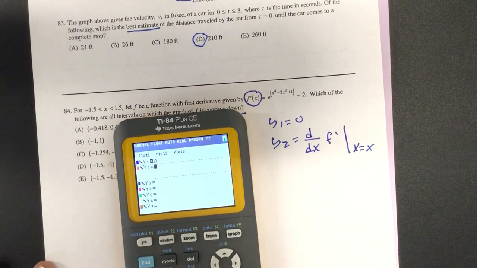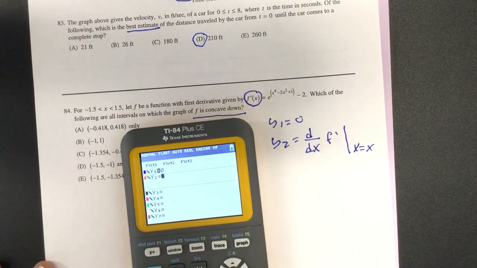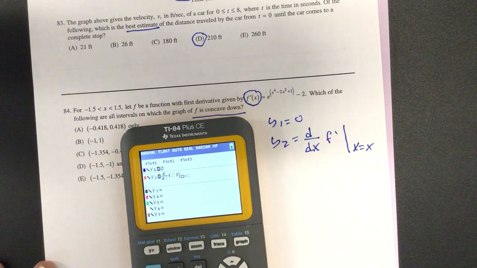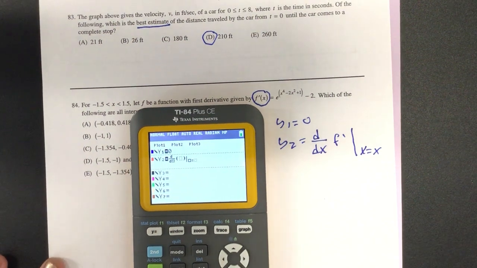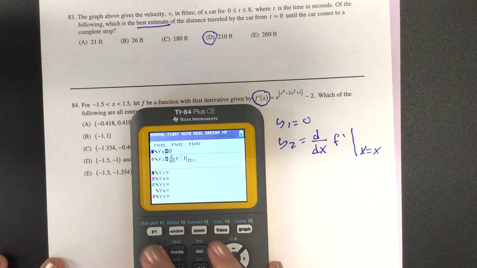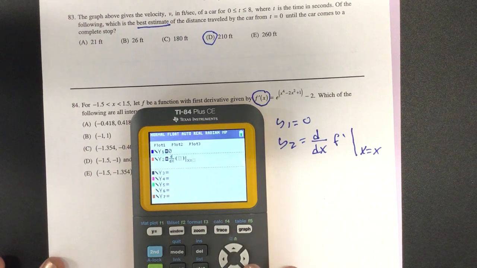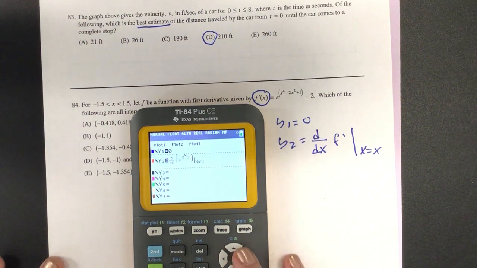y1 we already have. On y2, we're all typing this in by saying math 8, and we're typing in the given f prime. If your neighbor's not typing, tell them, do it. Say, hey, type. Minus 2x squared.